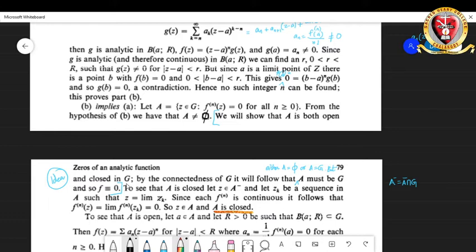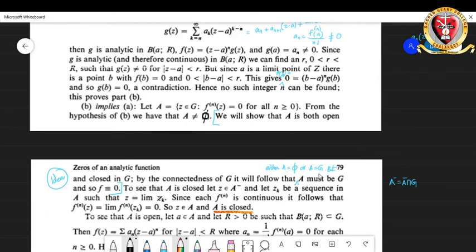So suppose we show that, how can we move to the proof? By the connectedness of G, every open and closed subset of G will be either phi or G. Here A is not equal to phi, which is already said.